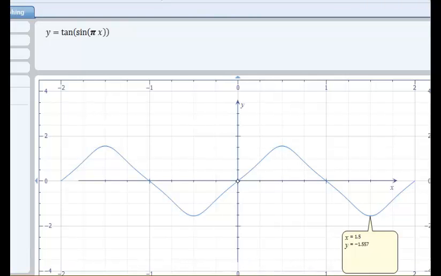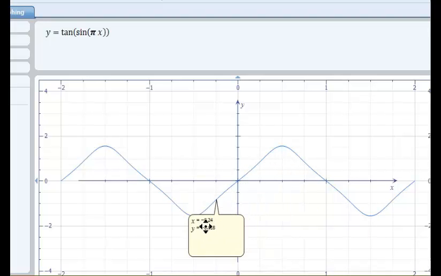Since it crosses (0, 0) here, the only thing it would be symmetric about is the origin, because if I fold this in half either other way, it's not going to match up. So it's not symmetric about the y or the x. Let's trace some of these points to see if we can figure that out. This point right here looks to be negative 0.5 and negative 1.5.